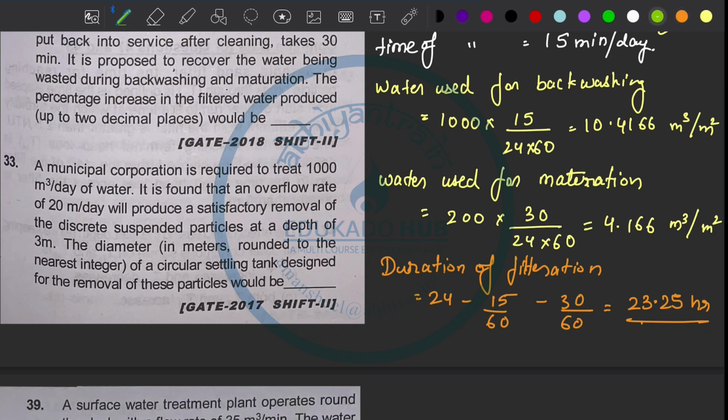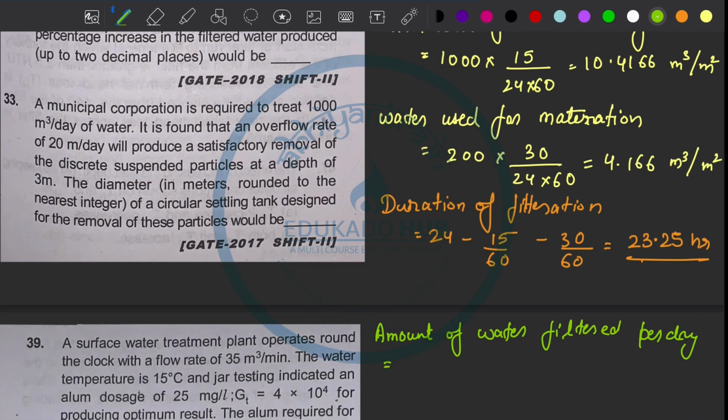Now the amount of water that is getting filtered per day, if I want to calculate, it comes out to be, we have the amount of water that is total 200 meter cube per day, out of which 10.4166 is getting away by backwashing, and out of which 4.166 is also going in maturation.